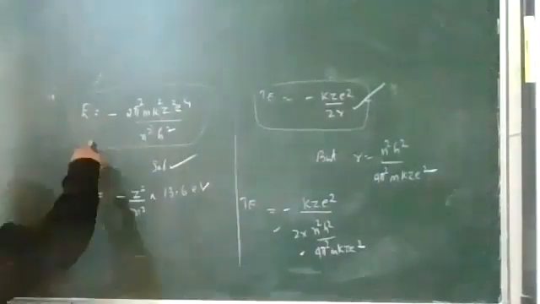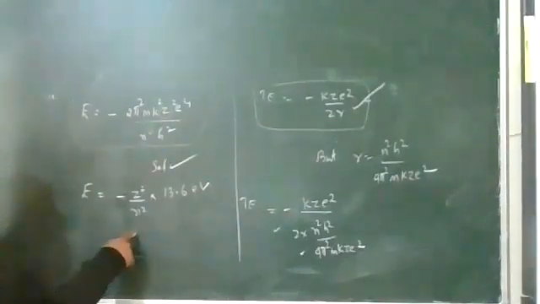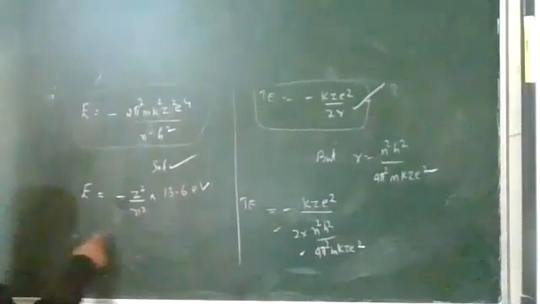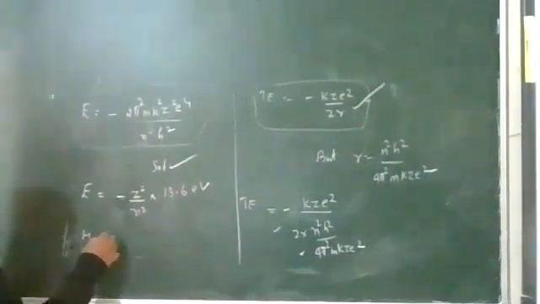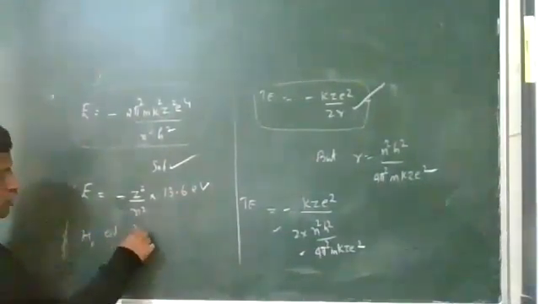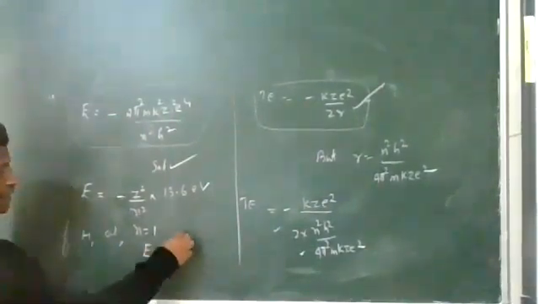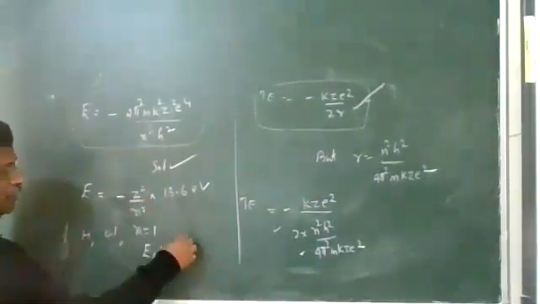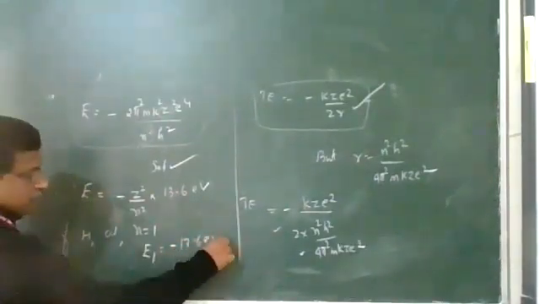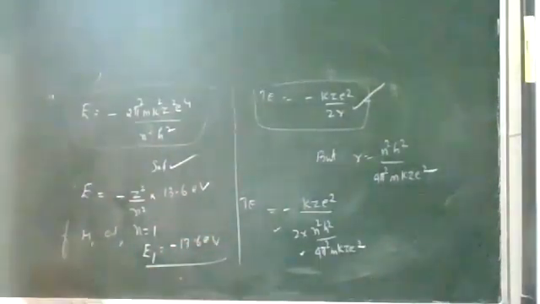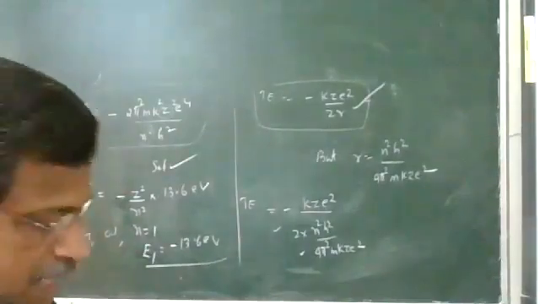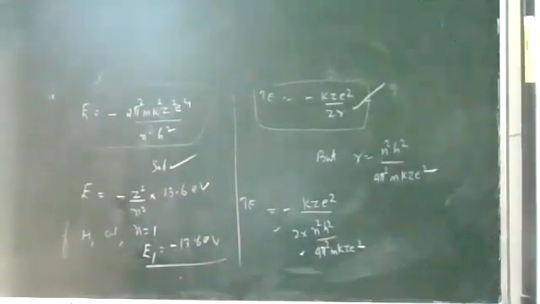So this equation we use again. It is the simplified format: Z square over n square into 13.6 electron volt. For the hydrogen atom and for the first orbit, n equal to 1, the first orbit energy is minus Z square by 1 square into 13.6. For the hydrogen atom, first orbit energy is minus 13.6 electron volt.